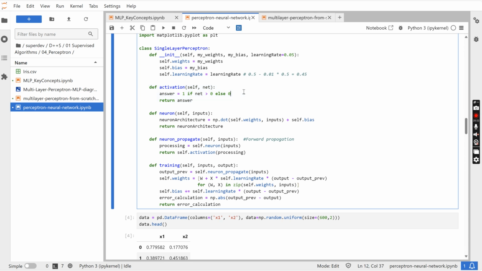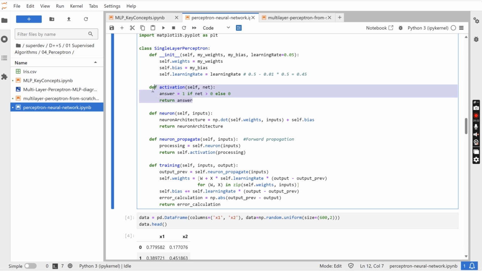The same sigmoid function we will use here also, but what I'm saying now is very similar to that. We are saying anything 0 and less than 0 is 0, anything greater than 0 is 1. So if there is a positive value, 0 and above, that will be 1.